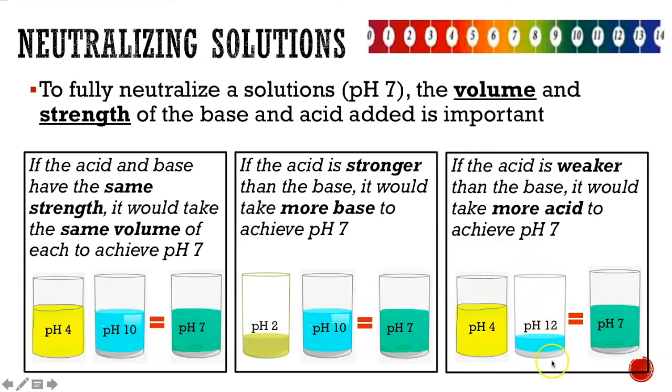So if my base is super strong and my acid is kind of medium, then it's not going to take a lot of that base to be able to neutralize that solution. So you don't need to memorize this or think too hard about this. Just wanted to put that out there, that if you're ever trying to neutralize something, you have to think about the strength of them, and that'll determine how much you actually need to add.